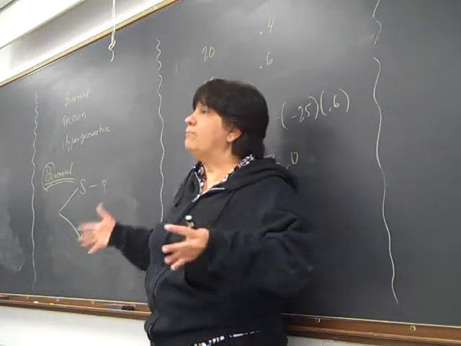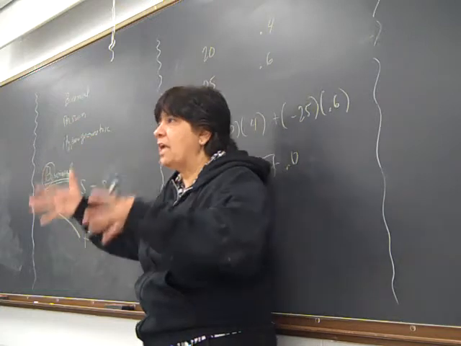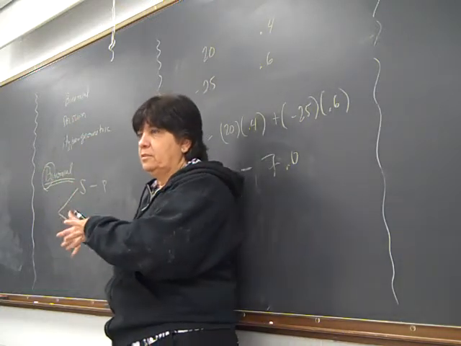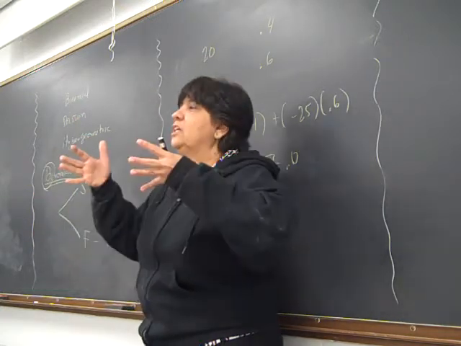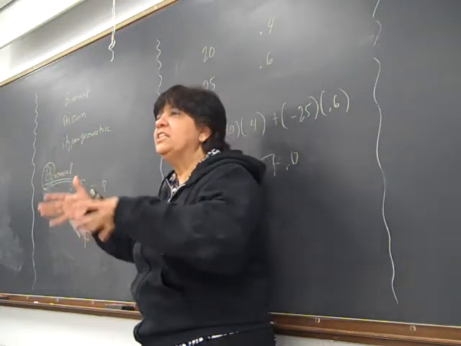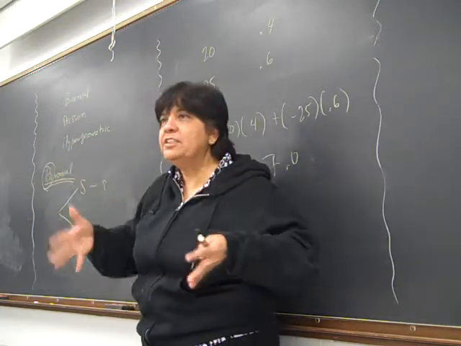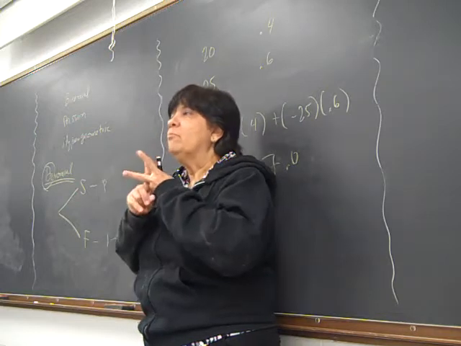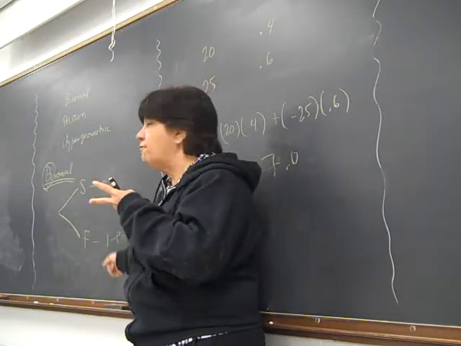So the binomial is a multi-step experiment, and every step is independent from the other. In every step we can have two possible outcomes, success or failure.